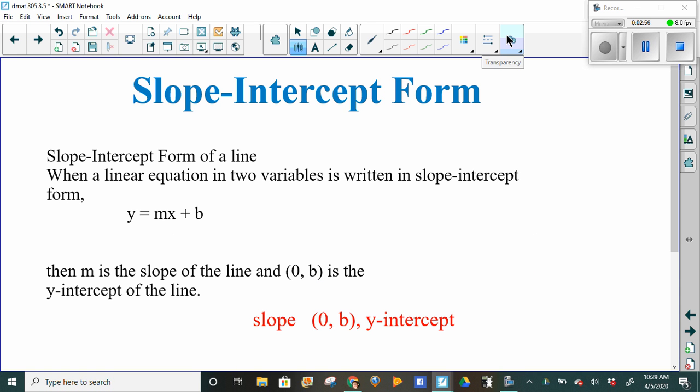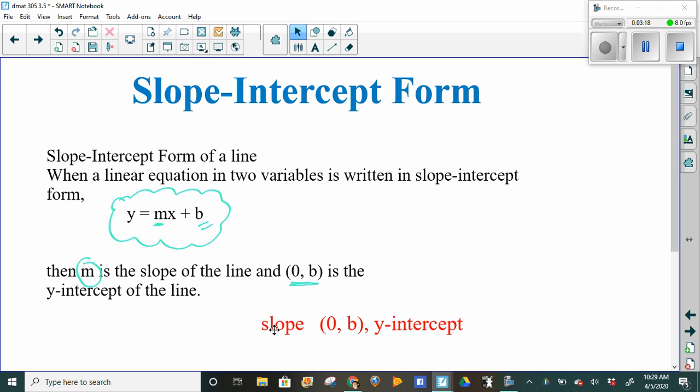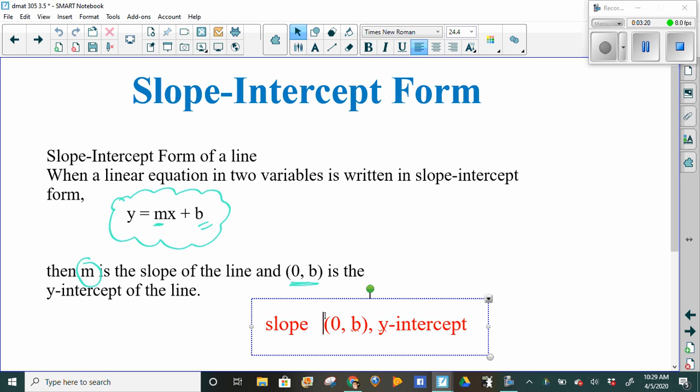So slope-intercept form. So we know y equals mx plus b is our slope-intercept form, where m is your slope. So remember the number in front of x. M is for mountains, and mountains have slope. And then your b, which is your y-intercept. Okay, so slope equals m, just m will do.